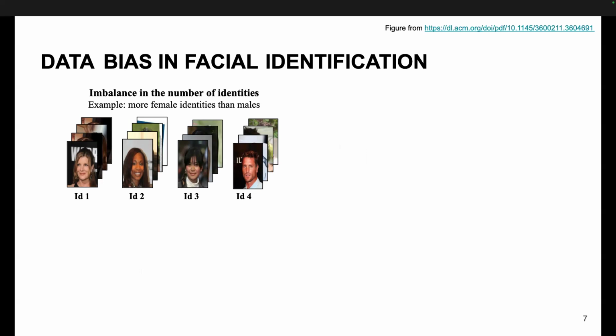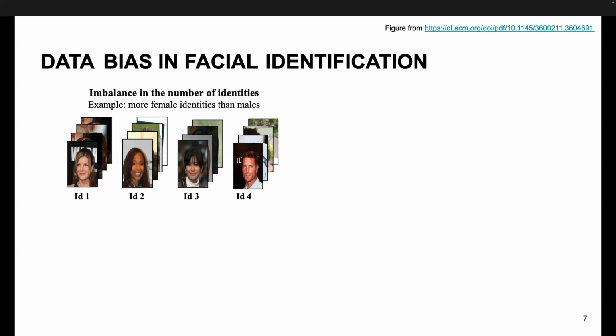Specifically in facial identification, forms of data bias can first come from the number of identities. Remember, we have that gallery of images. In that gallery, if there's a very large imbalance in the number of identities between groups defined by some protected attribute, that would cause a form of data bias.